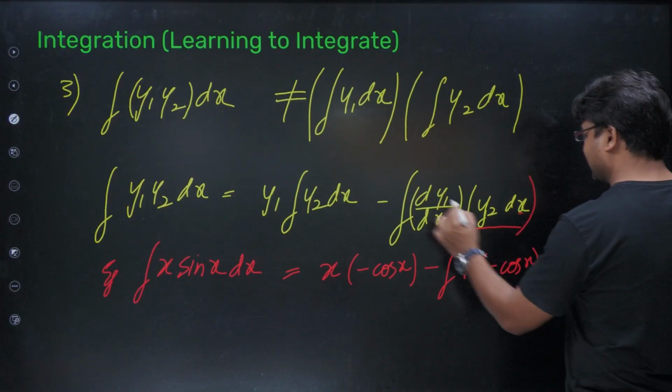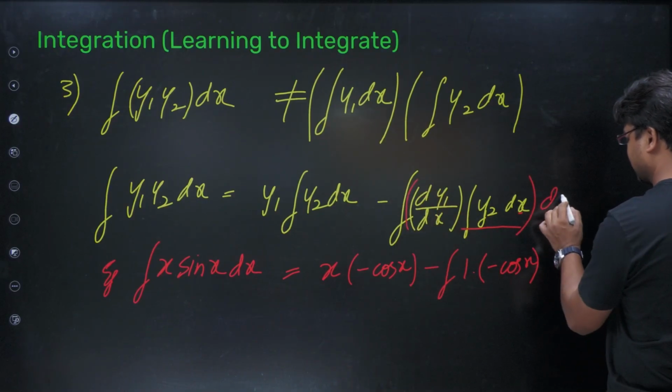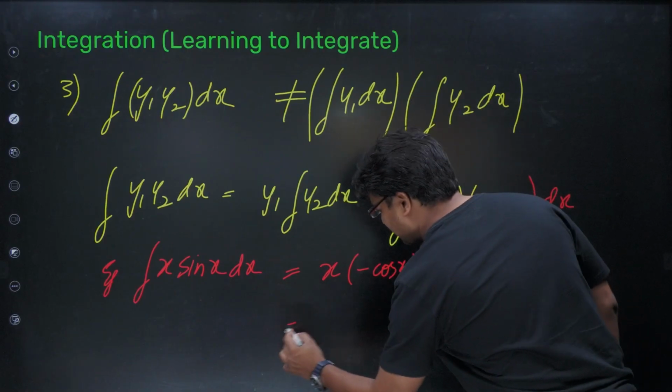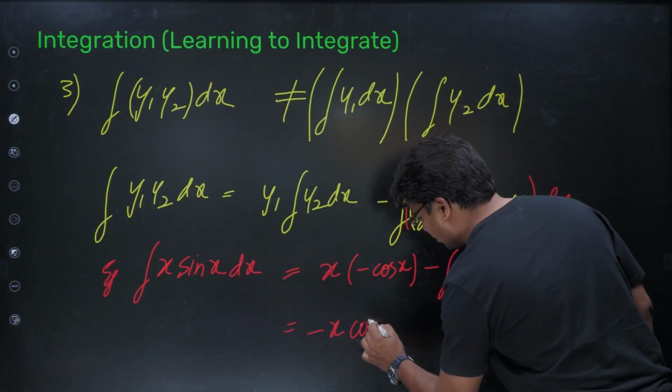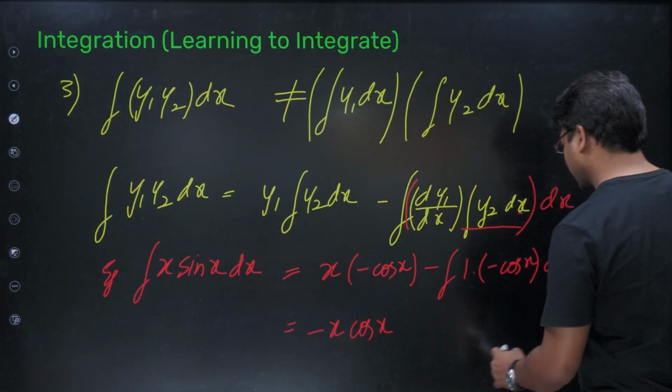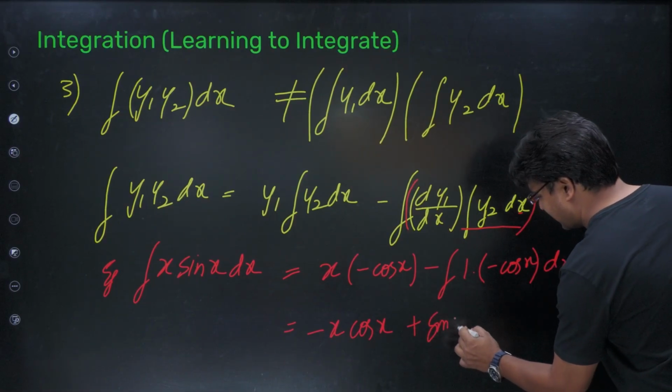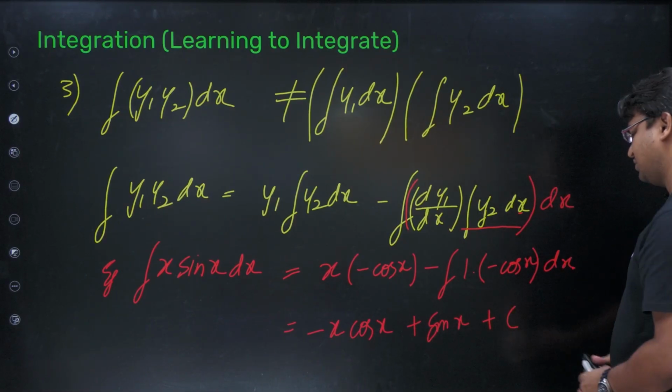And this entire thing should also be written with dx. So this will become minus x cos x, and then plus integration of cos x, which is sin x. So this is your outcome.